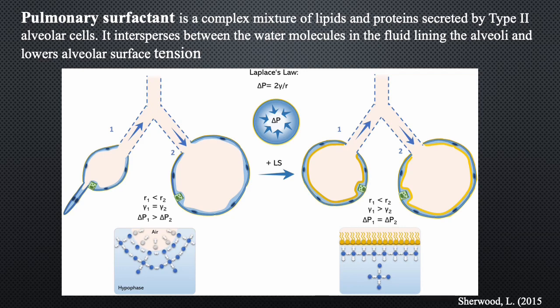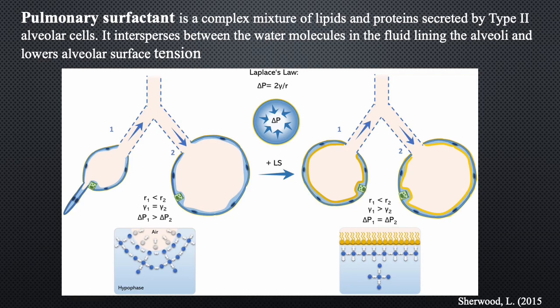Recall that the pressure generated by alveolar surface tension is directed inward, squeezing in on the air in the alveoli. If you visualize the alveoli as spherical bubbles, according to the law of Laplace, the magnitude of the inward-directed collapsing pressure is directly proportional to the surface tension and inversely proportional to the radius of the bubble.